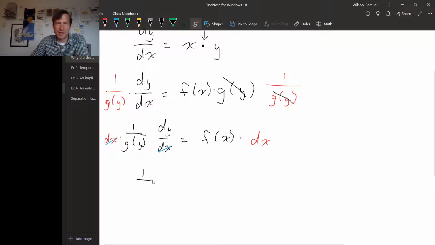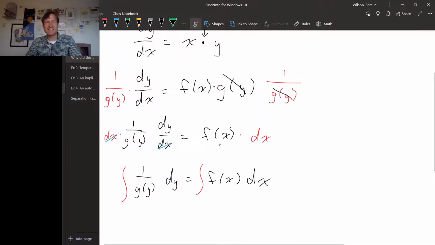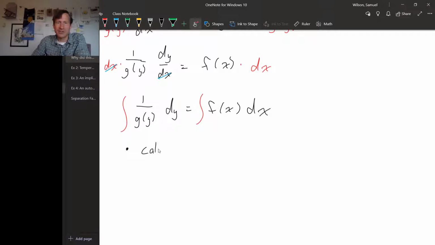So now we have 1 over g of y dy equals f of x dx. And then we'll just integrate both sides. Now we can't actually take this any further because we don't know what these functions are, so we can't actually perform these integrals. But from this point onwards, what we would do next is calculate the integrals.